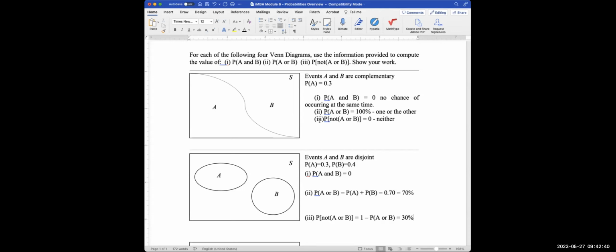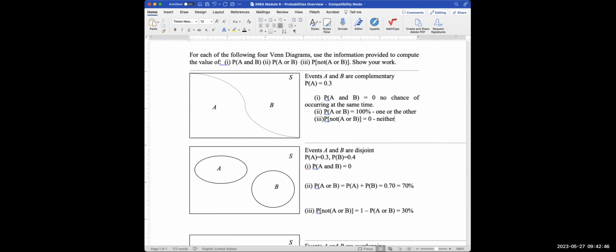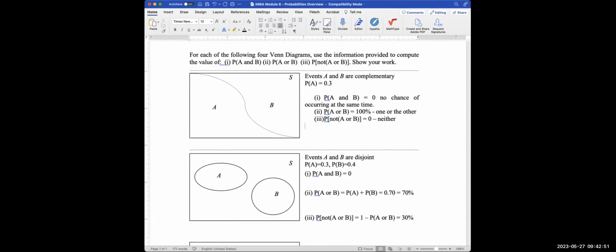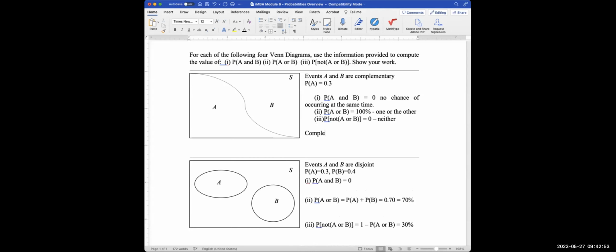You can see that complementary events are disjoint. Do you agree with the statement? Complementary events are disjoint. They do not overlap.